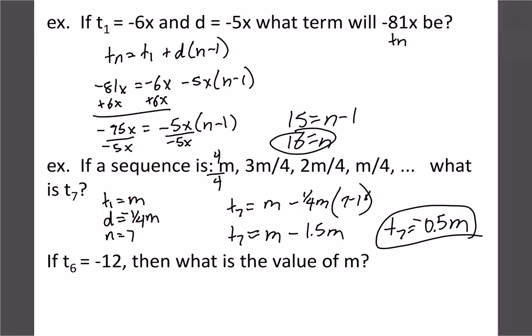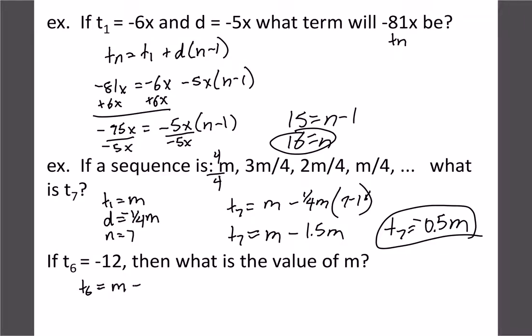Okay, so let's try the next one now. It says if term 6 is negative 12, then what's the value of m? So you can see here again now they're giving us another variable add-on. So they're telling us term 6 is negative 12. So what I would do in this case, the best bet is actually let's solve it for term 6 just like we did the previous questions.